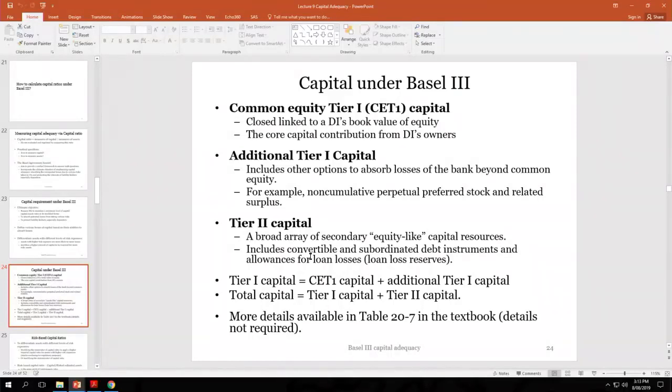We just put reserves aside for conservative purpose, which means during adverse scenario, we are able to use the money to help banks absorb losses, right? So that's the idea of all these tiers. And if I give you a balance sheet, you need to know how to classify different items under those CET1, Tier 1, Tier 2 capital, right?